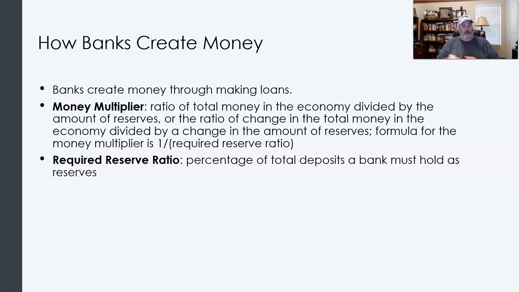So here's how this works. Let's say that you deposit $1,000 in Bank A, and the reserve requirement is 20%. So Bank A is going to have to keep $200 in the bank. They can loan out the other $800. Somebody comes along, borrows $800. They go then and put that $800 in their bank. Guess what?